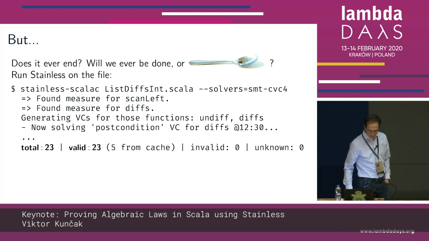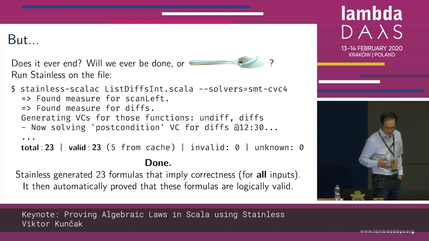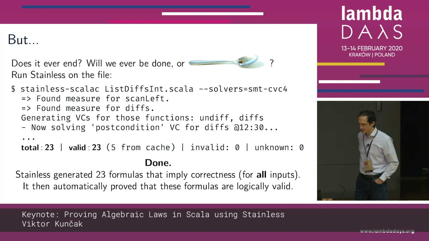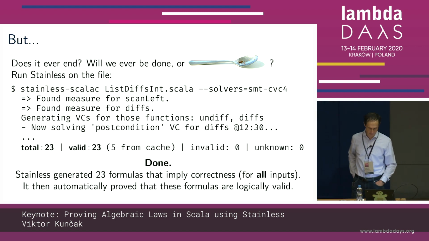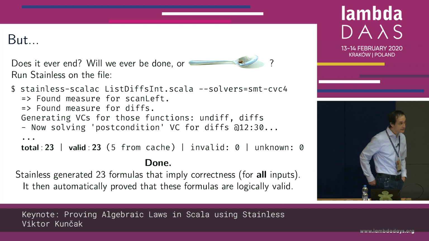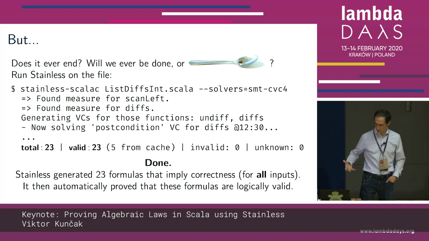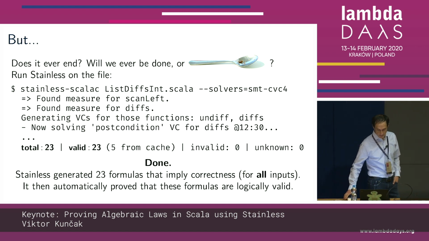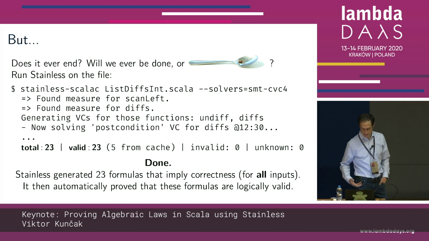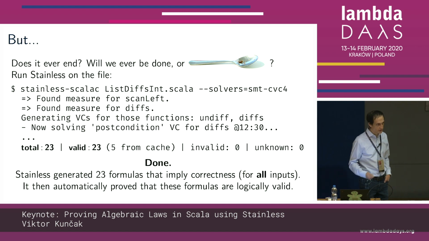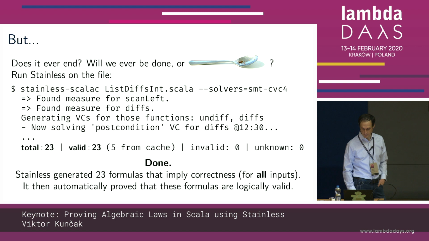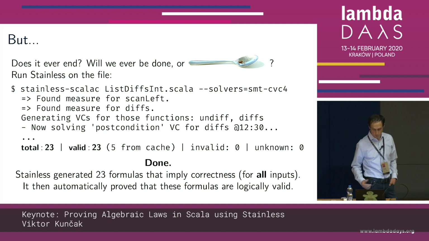So what just happened is that our tool generated, in this case, 23 formulas that imply correctness of this function for all inputs. And it then used its own reasoning steps, in particular unfolding of recursive functions, as well as encoding into the input of satisfiability modulo theory solvers to prove all these formulas logically valid.